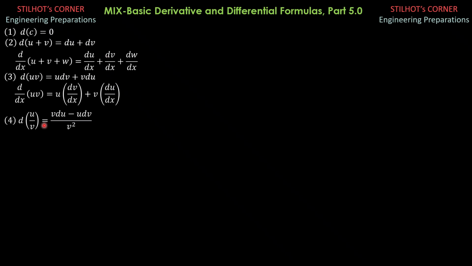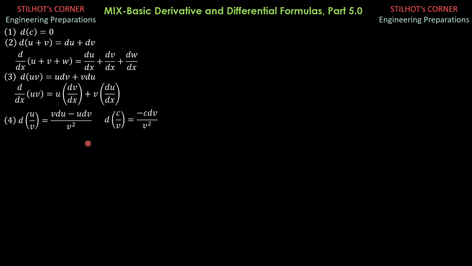Likewise, if you have the differential of constant over variable, then applying this, we have negative constant times differential of v divided by v squared. Since the numerator is constant, its derivative is 0, so this is 0, then minus the numerator, which is the constant, so minus c times differential of denominator, all over denominator squared.